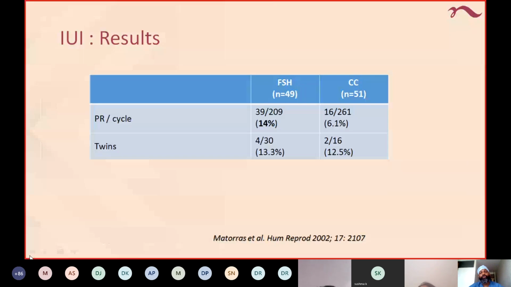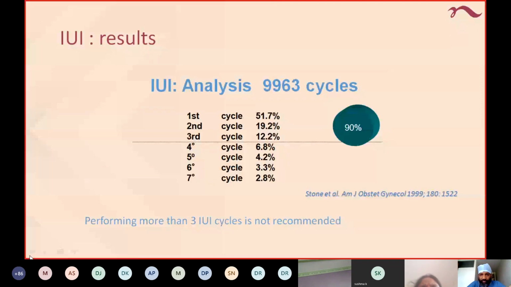IUI success is not very high, because patients will think that IUI is IVF, they'll get confused about it, and they'll expect too much from an IUI cycle, and if they don't get pregnant in one cycle, they'll sit on your head. So please counsel them beforehand that IUI is just an extension of trying naturally. Success rate is somewhere between 8 to 15% only, so that they understand and don't have too much expectation, because this is the general success everywhere for an IUI.